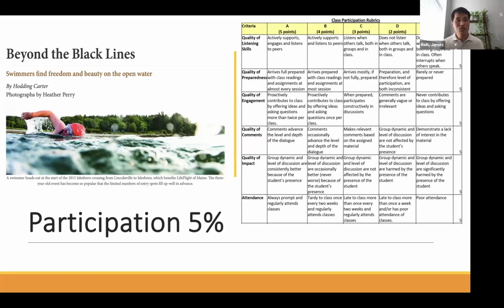So I encourage you to come out of your shell and try to participate. It's not much. Maybe you can ask one good question per class, right? Or make one good reply per class, right? That's all it takes. So I encourage you to learn to participate and improve yourself.